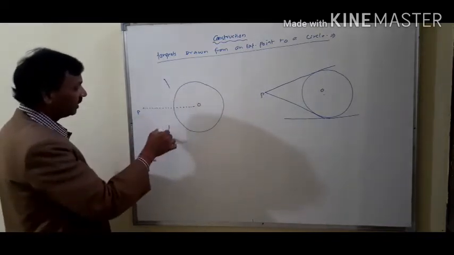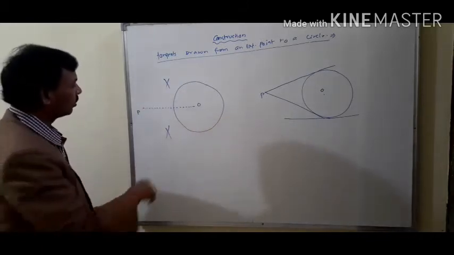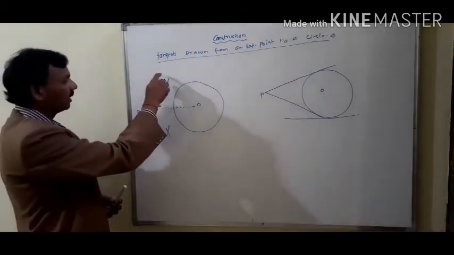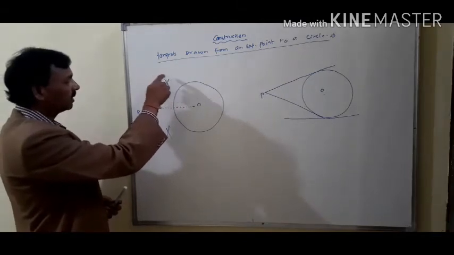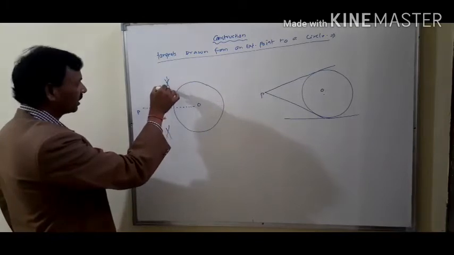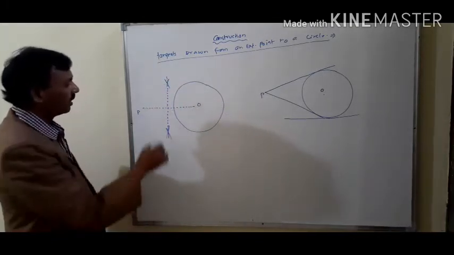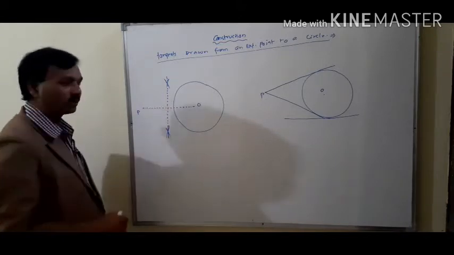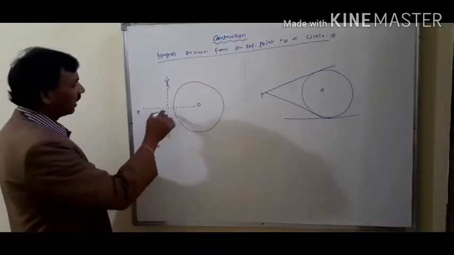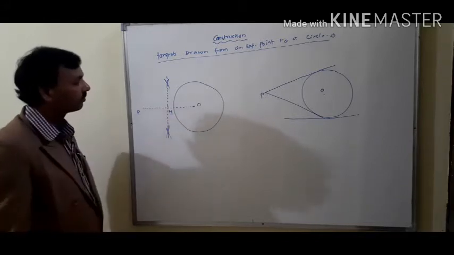These arcs give us two intersection points, and we join both intersection points with the help of a scale. This will be the perpendicular bisector of line OP, and both lines intersect each other at M.